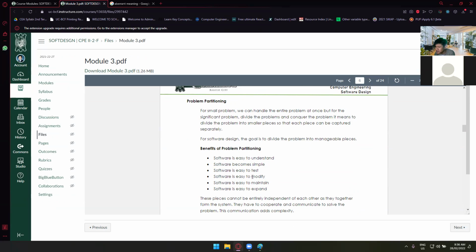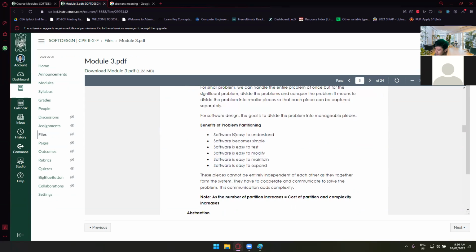I guess you already know the benefits of problem partitioning. In our daily lives, we are always applying this. If you're going to solve a certain problem, we try to solve a small portion of it, and then little by little until you finish the entire problem.